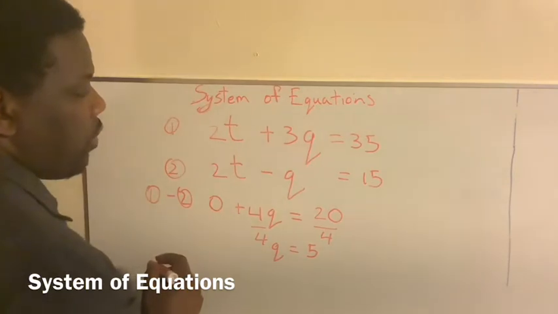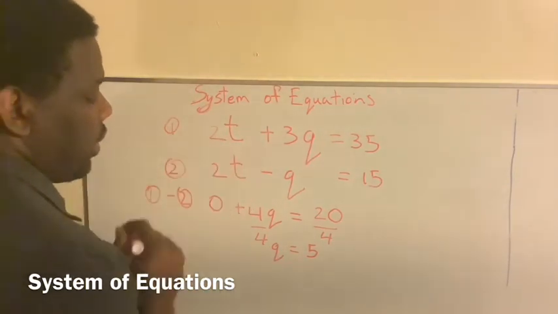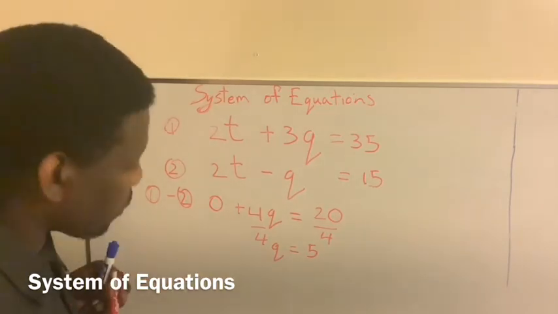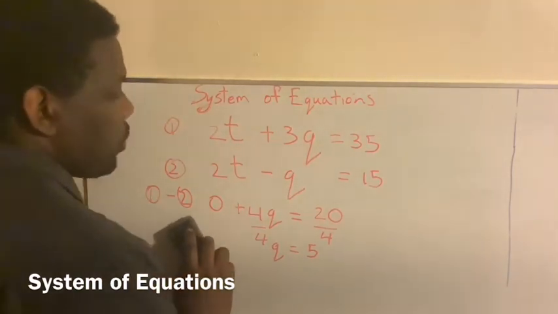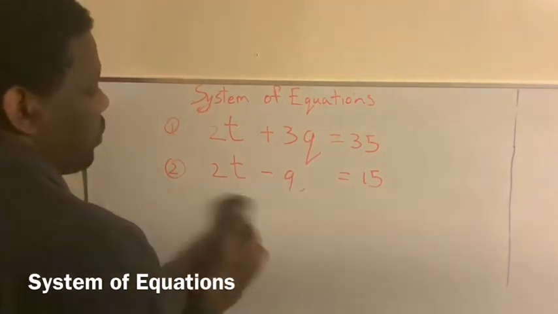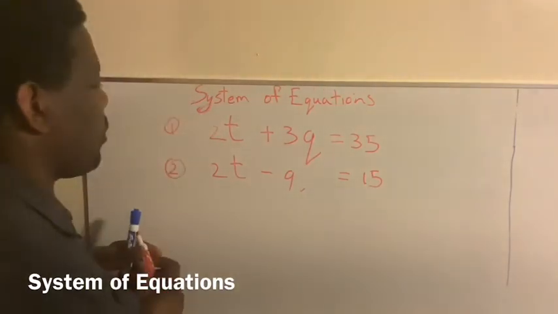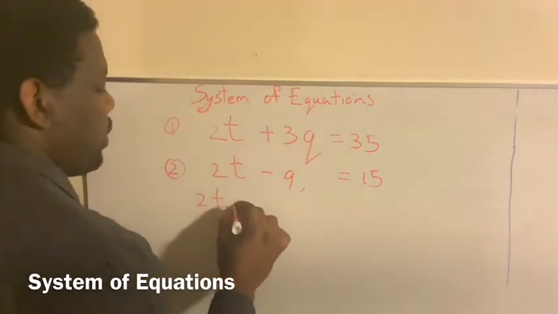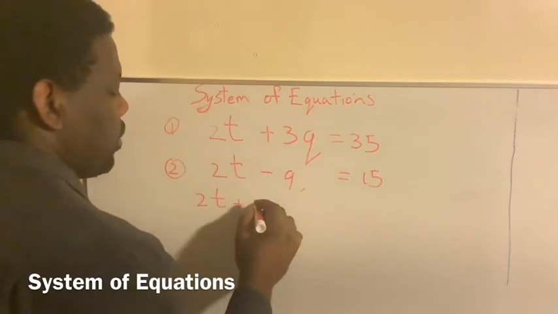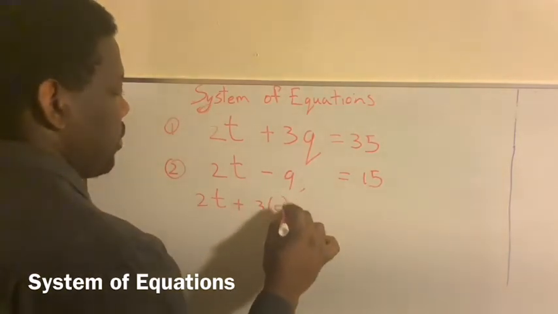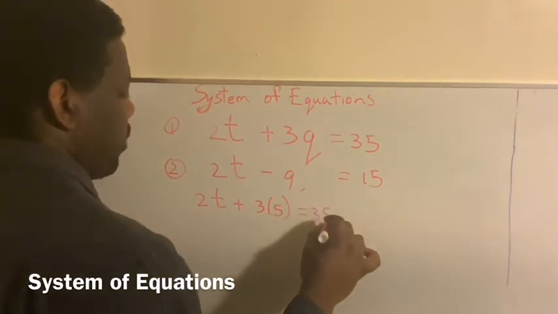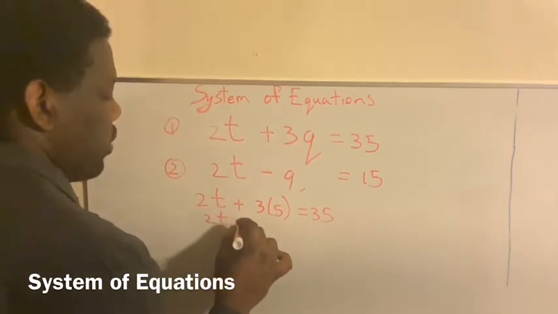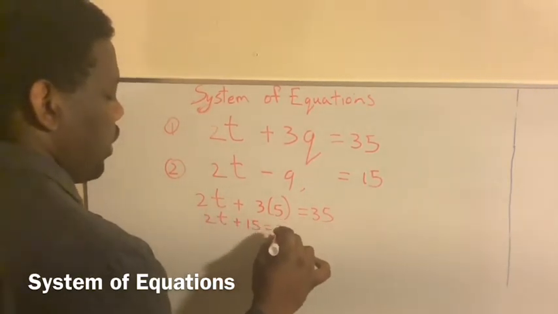Now once we know q is equal to 5, we can go back and solve for t. So let's solve for t. 2t, and we're going to substitute the value of q, which is 5. 3 times 5 is 15, so 2t plus 15 is equal to 35.